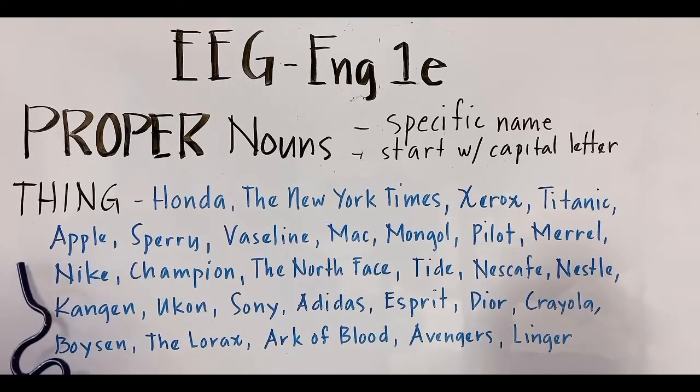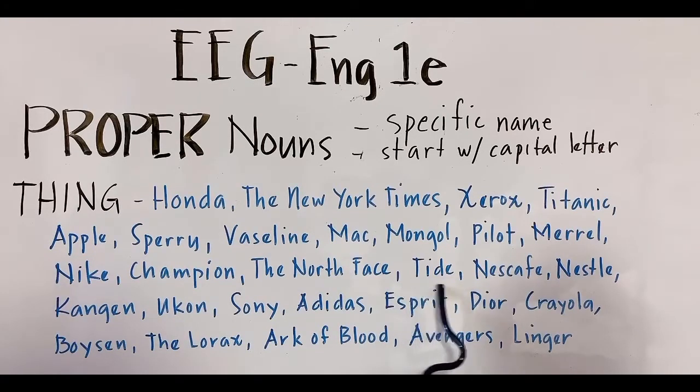Apple, it's the name of your cell phone or your computer. Sperry, the name of shoes. Vaseline, lotion. Mac, computer. Mongol, it's your pencil. Pilot, name of your pen. Merrill, name of shoes. Or even Nike, Champion, the North Face.